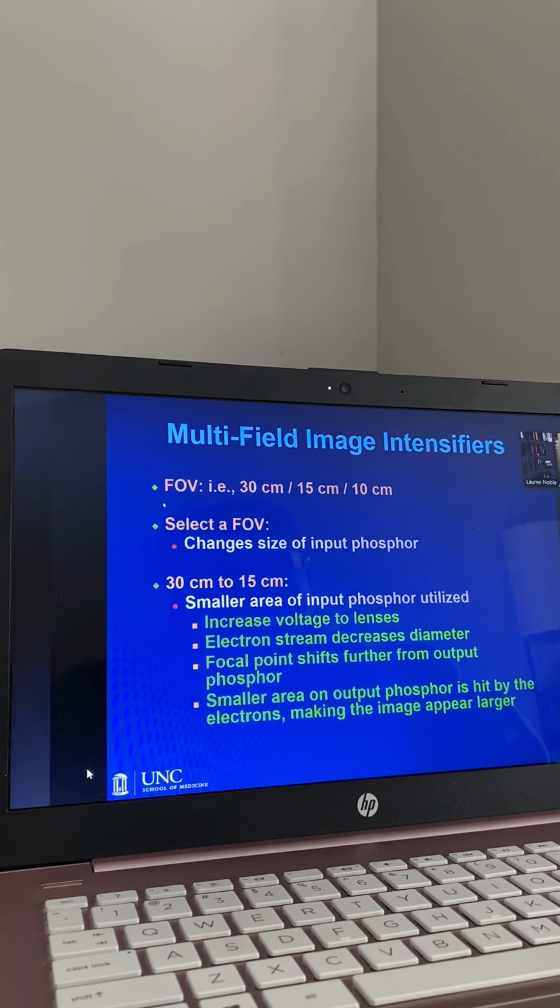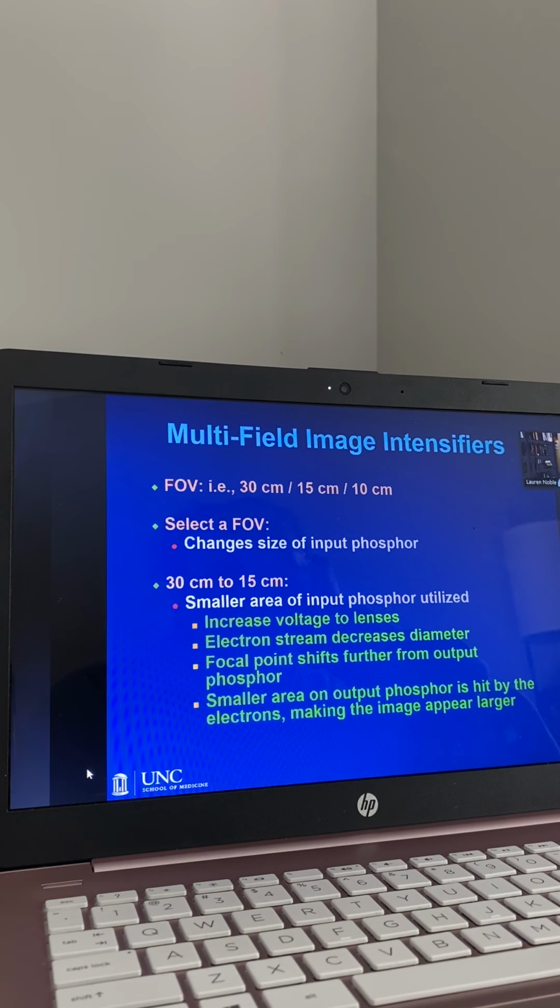As an example, if you go from a 30 centimeter, the largest field of view, down to a 15 centimeter, a smaller area of the input phosphor is going to be utilized.